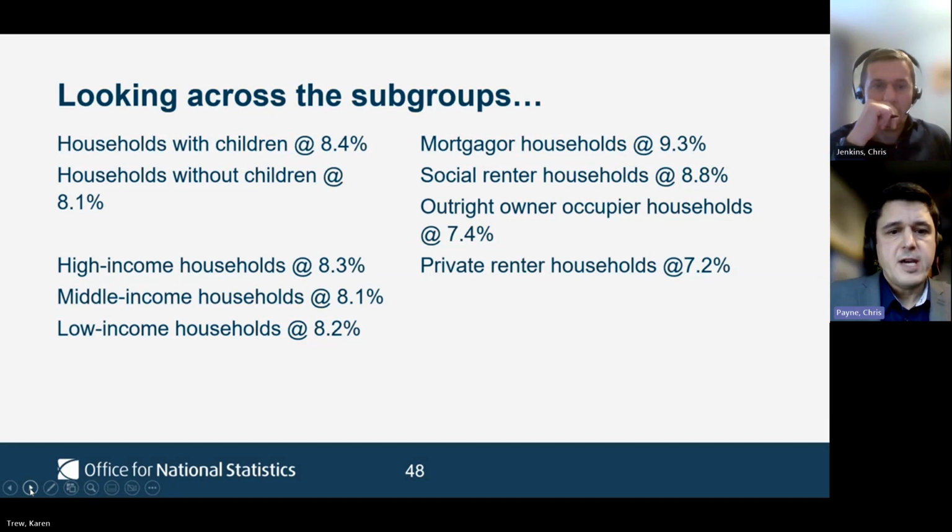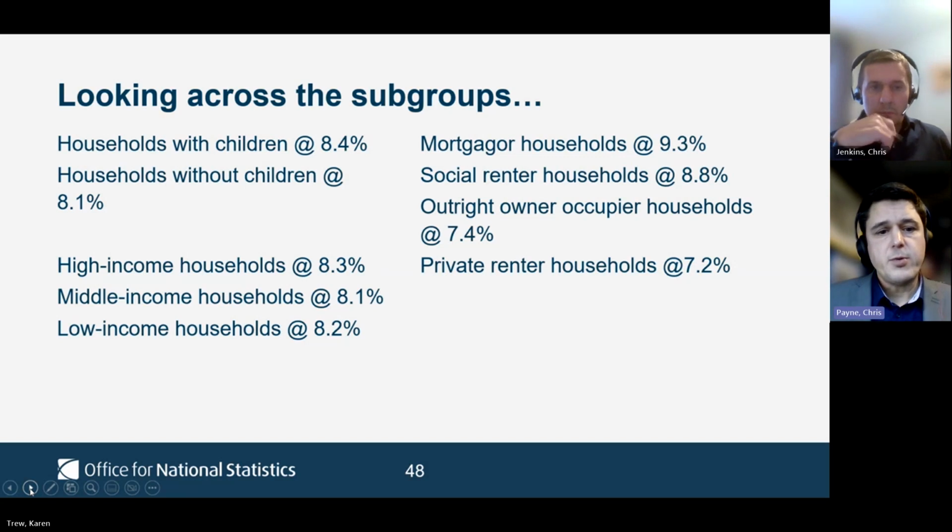We produce subgroups by income decile. Income decile basically means that you rank every household according to its income, and then you cut it up into 10 equally sized proportions. So the low income households in September 2023 saw a very similar rate of inflation to high income households and middle income households. So they were all around about 8.1%.